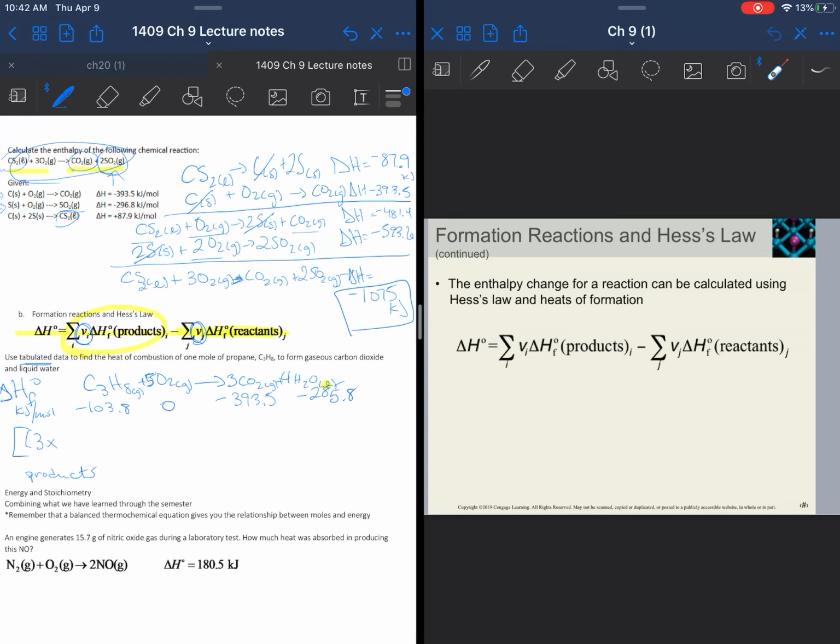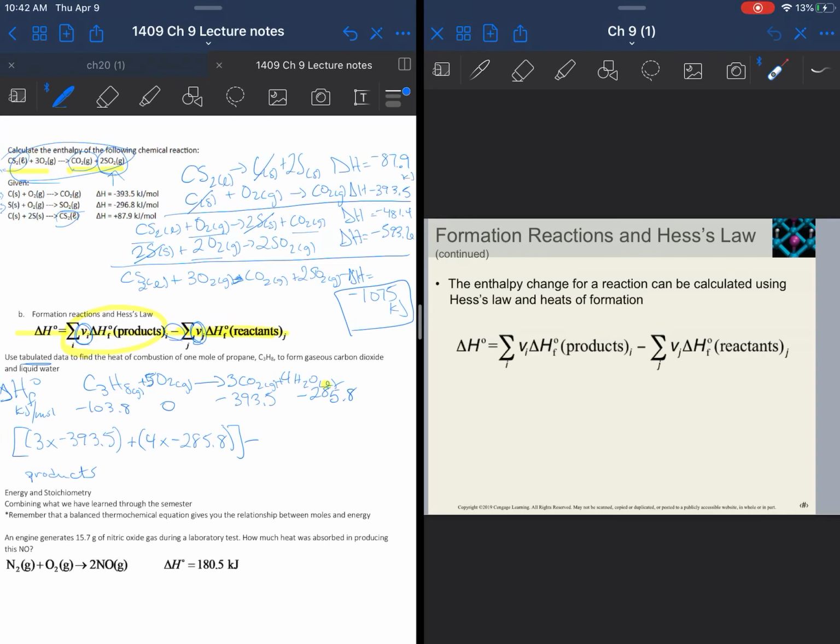Now that we have this data, it's really just plugging in. We're going to start off with products, and it's the sum of the heats of formation of the products. So for CO2, it's going to be 3 times negative 393.5, because HF is always based on 1 mole.